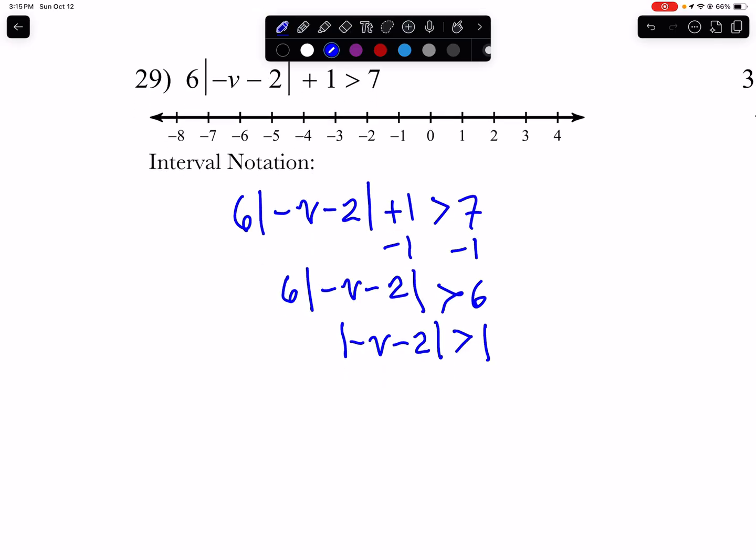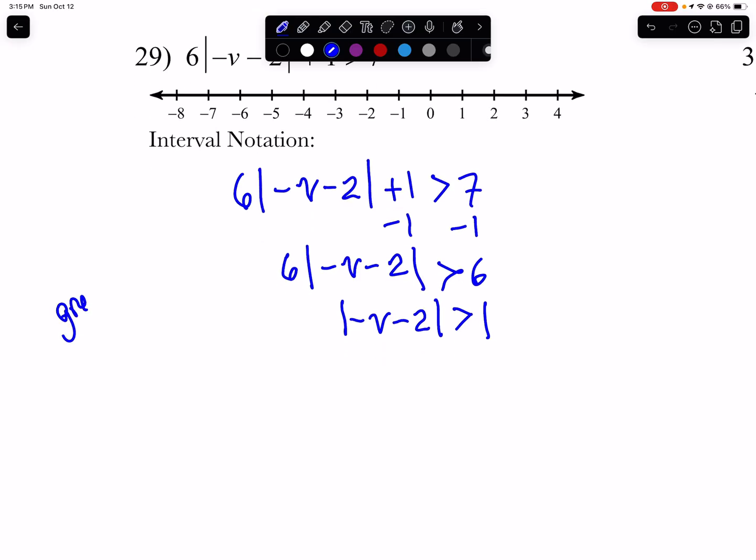Okay. So this is another great OR. So we'll put OR, split, copy it exactly how it is, but no more absolute value. Keep it, change, or swap.